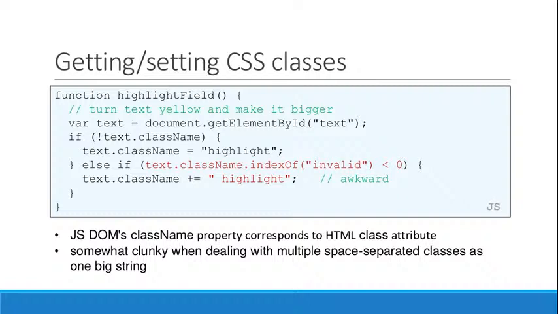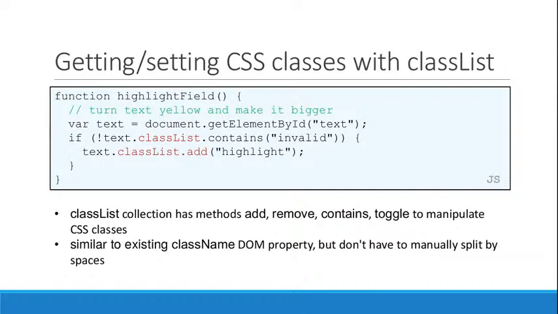So text dot class name, text is the object here identified by the identifier text, and then we are trying to add to the existing class name by a plus equals string, which is kind of awkward to do, and the reason it is awkward is because we are doing it by string manipulation. If you do it in a better way, we have to do it using the methods that are available in the object.